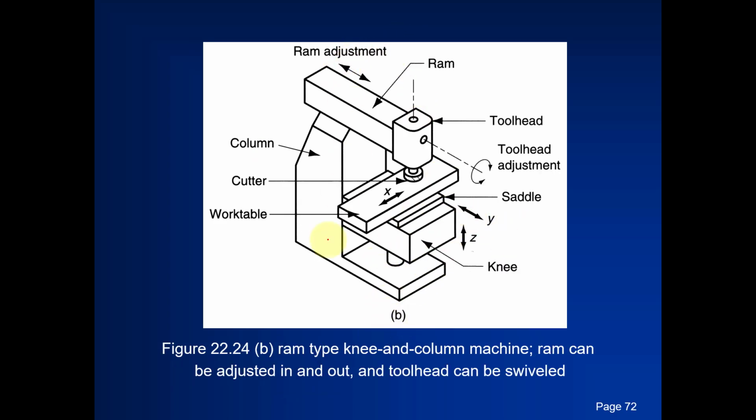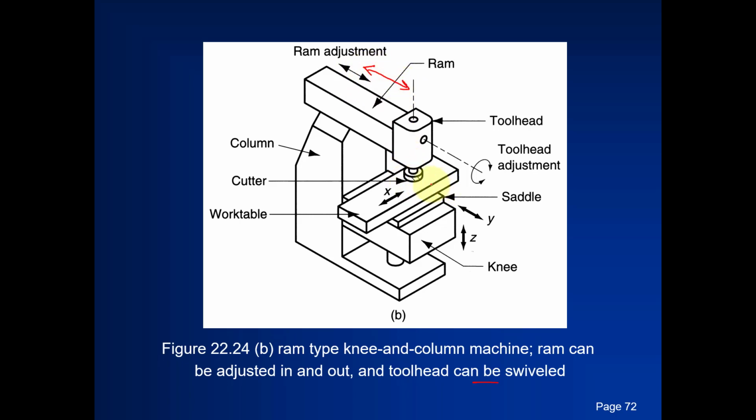Ram adjustment. Ram type knee and column machine. The ram can be adjusted in and out, and the head can be swiveled. So in this example, it is also a knee and column milling machine. But you can see now this ram can be adjusted toward this or this.